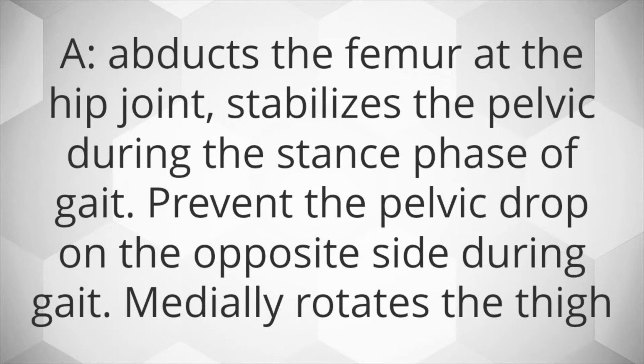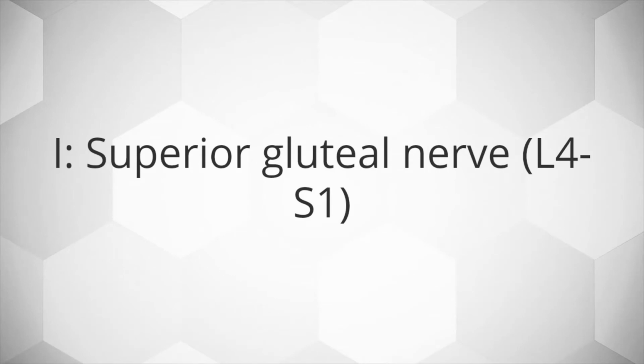When you observe a person's gait during stance phase, which is weight bearing on one limb, you're going to see the pelvis shift onto one side due to the weakness of the gluteus medius and the gluteus minimus. They are unable to keep the pelvis in position while walking. That's why the shifting of the pelvis is there.